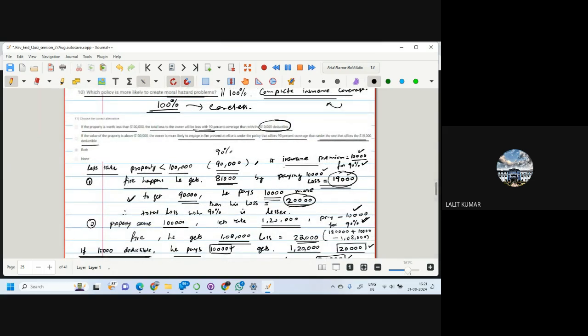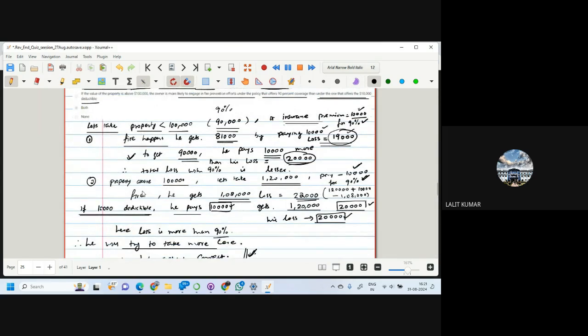Now these are the two alternative statements. If the property is worth less than $100,000, the total loss to the owner will be less with 90% coverage than with the $10,000 deductible. Take an example where the property is worth 90,000 and the insurance premium is 10,000. Fire happens, and he gets only 81,000 because he has 90% coverage.